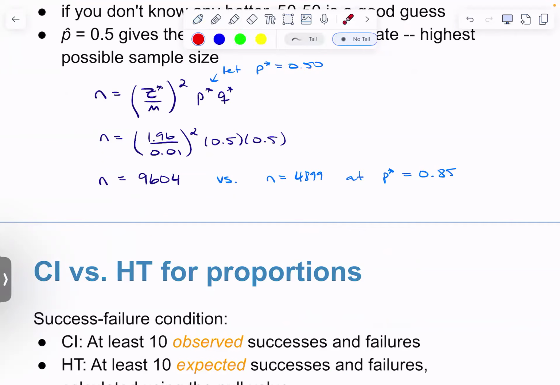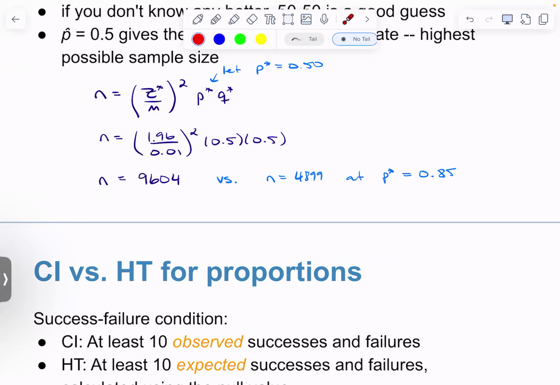So when we had this kind of shift in the P's, and we knew that, then we were able to take a way smaller sample size, right? Imagine if you're offering $10 gift cards to every participant. All of a sudden, even at a $10 gift card, which happens all the time, 4,899 is a lot, but 9,604, that's way more money to be spending, right?